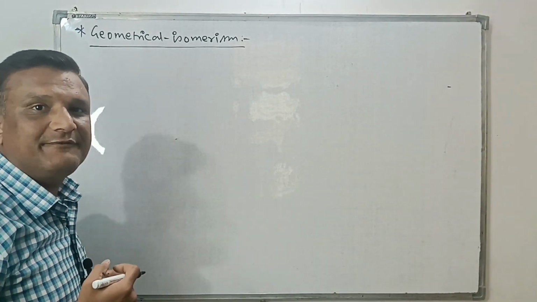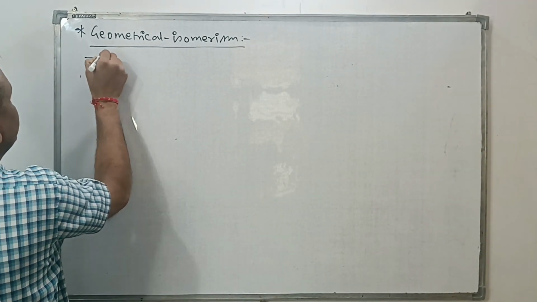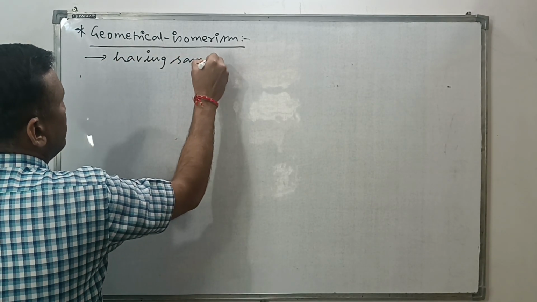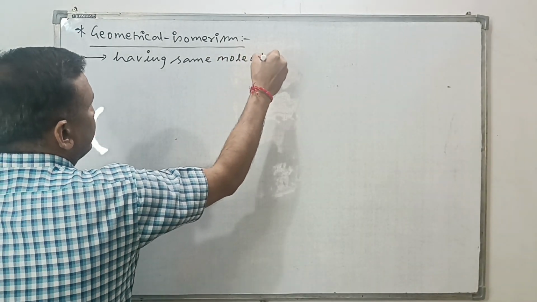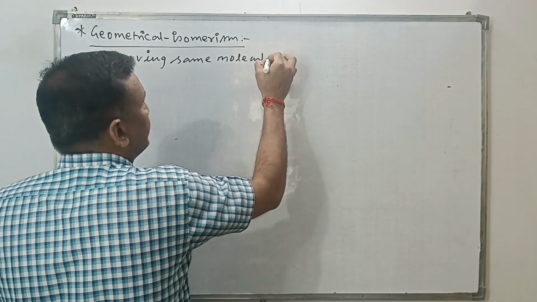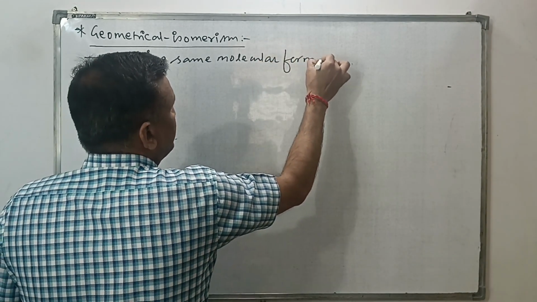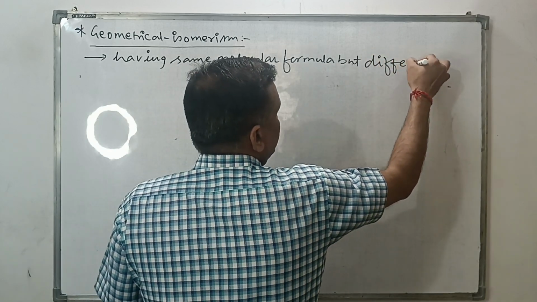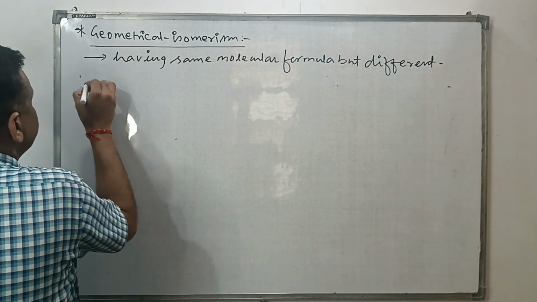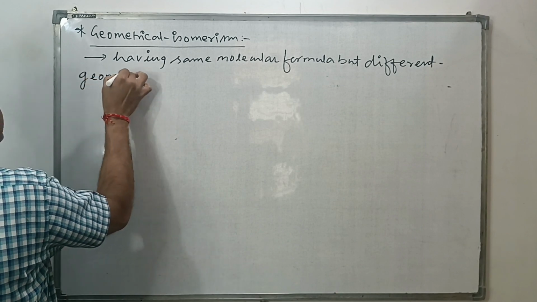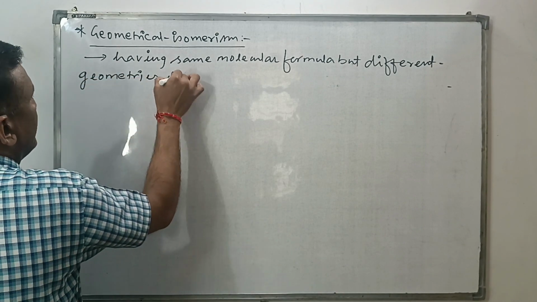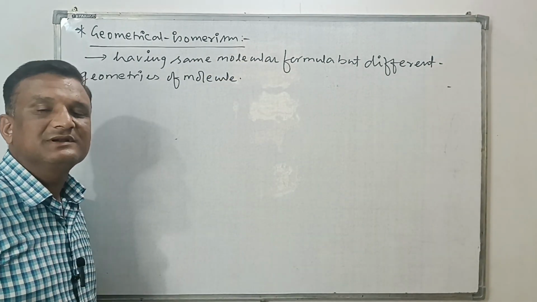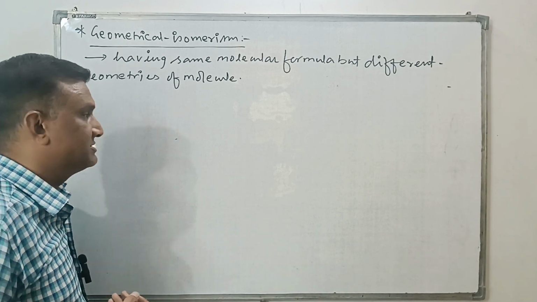Isomerism means having the same molecular formula, so here we have the same molecular formula but different geometries of molecule. Those are known as geometrical isomers, and this phenomenon is called geometrical isomerism.